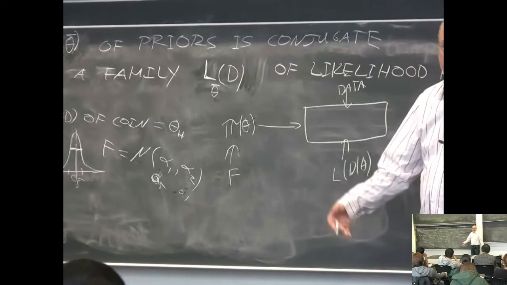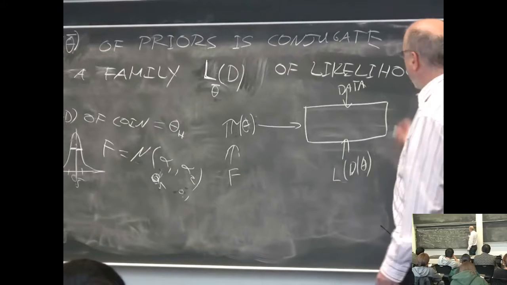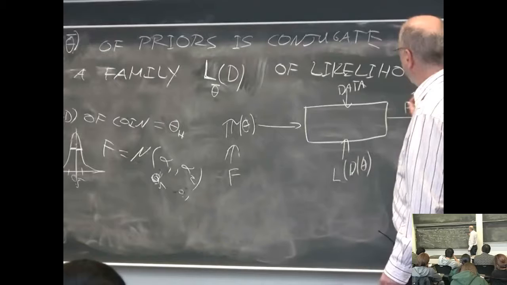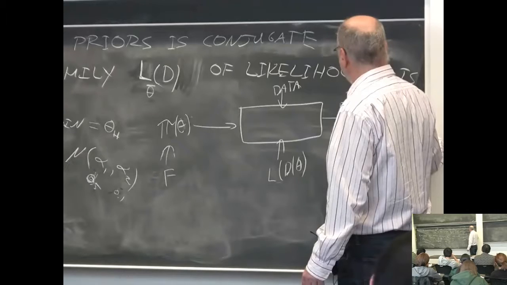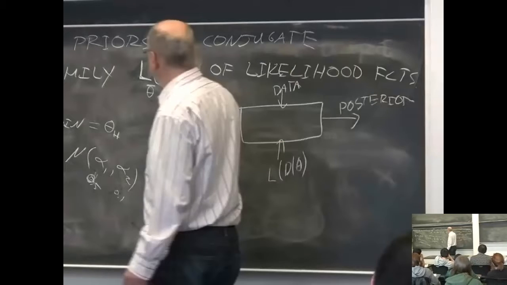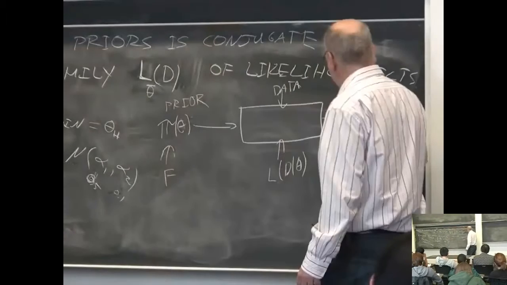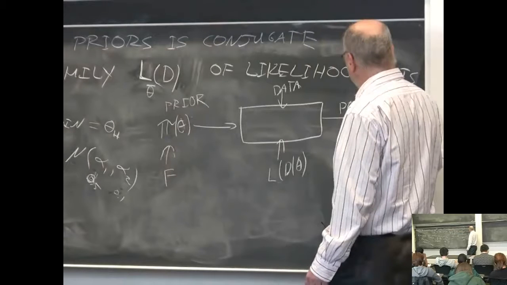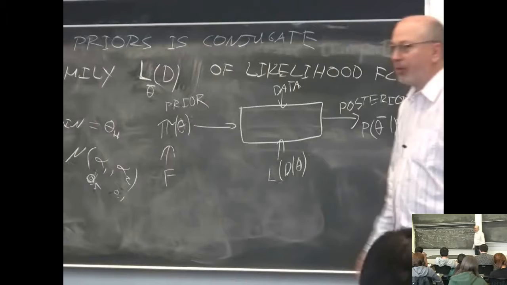The Gaussian is a family because it depends on mean and standard deviation. Out comes a posterior. This is a prior. Out comes a posterior, which is P of theta given the data and given this assumption of the likelihood.